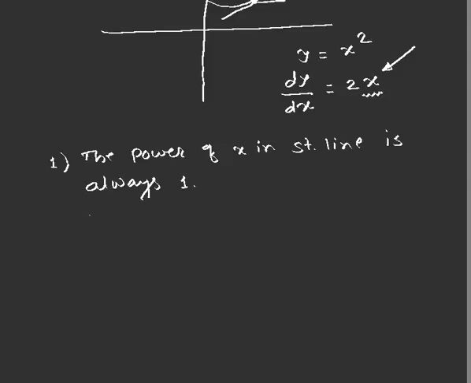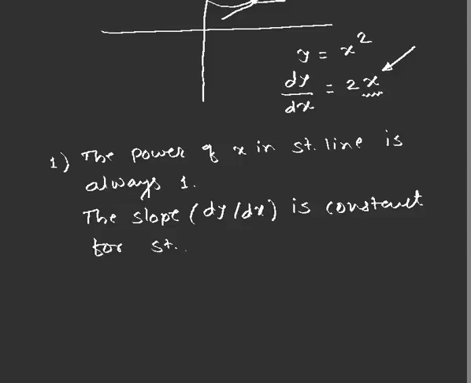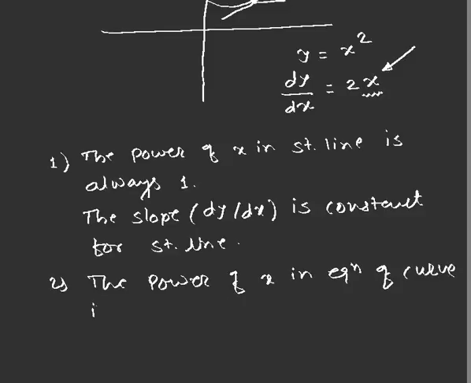And the second thing about a straight line, we have learned the slope, that is dy by dx, the rate of change of y with respect to x, is constant for a straight line. And the second concept, very important, we have learned: the power of x in the equation of a curve is more than 1.